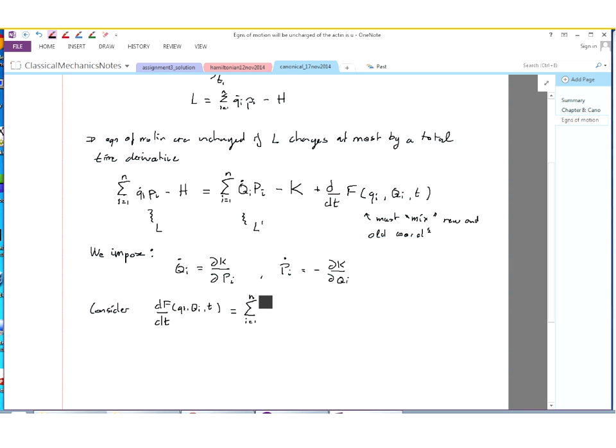We can write that as the sum from i equals 1 to n, inside the sum we have ∂f/∂little qi times qi dot, plus ∂f/∂capital Qi times capital Qi dot, plus outside of the sum ∂f/∂t.